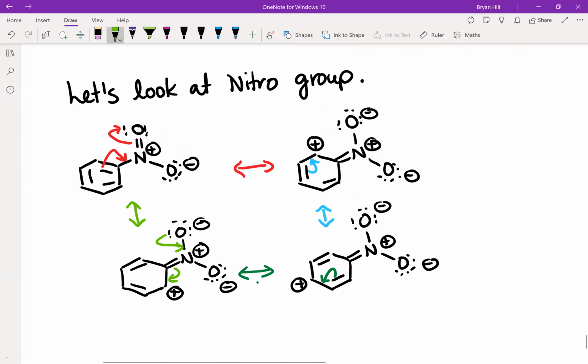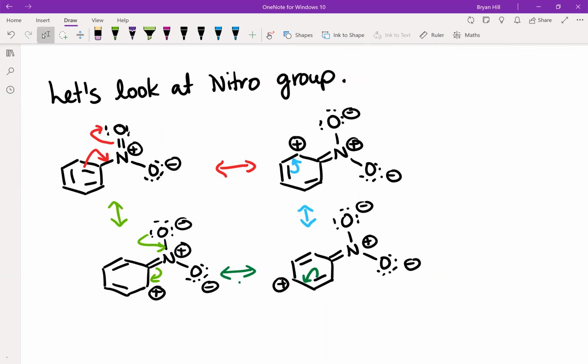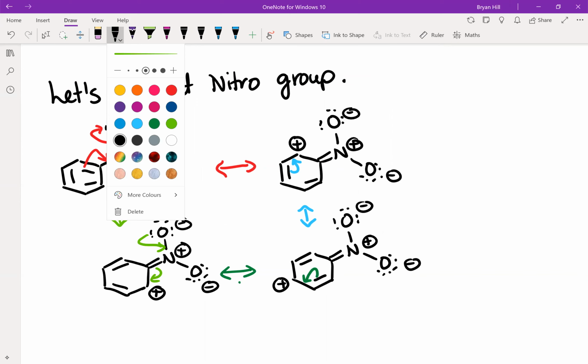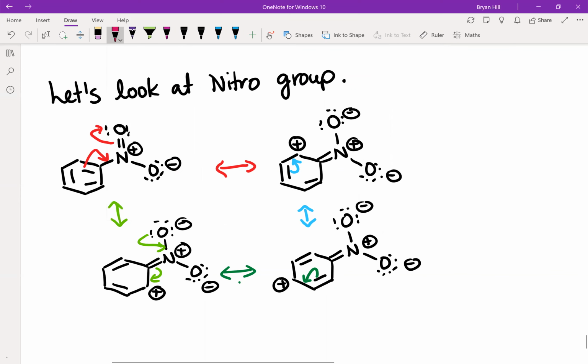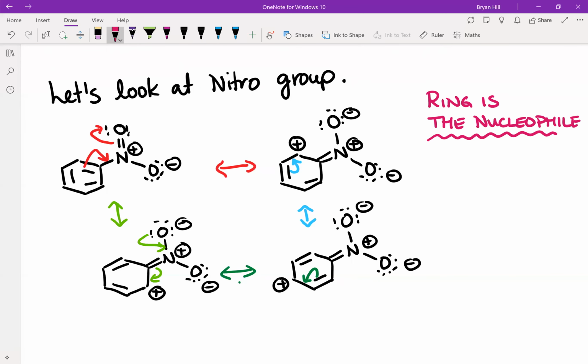Okay, now we're going to ask ourselves, the ring behaves as a nucleophile, right? So keep that in mind. The ring is a nucleophile. So on the ring, where is the electron density?